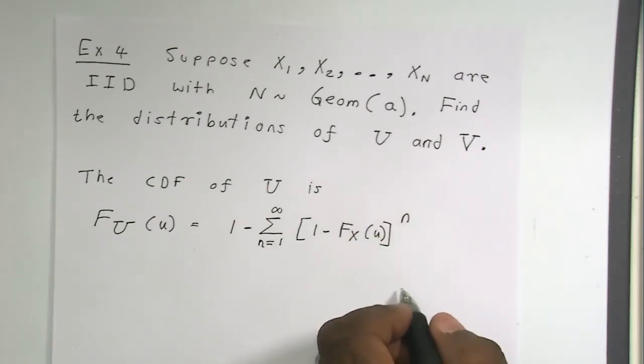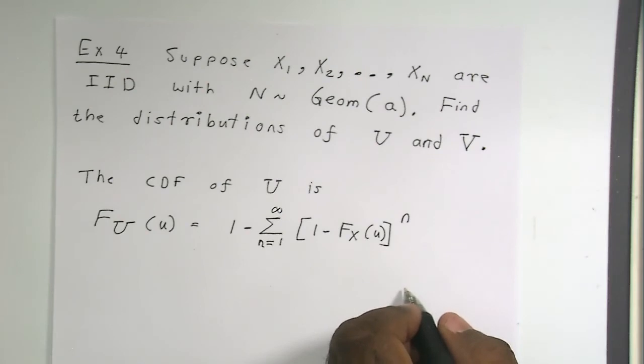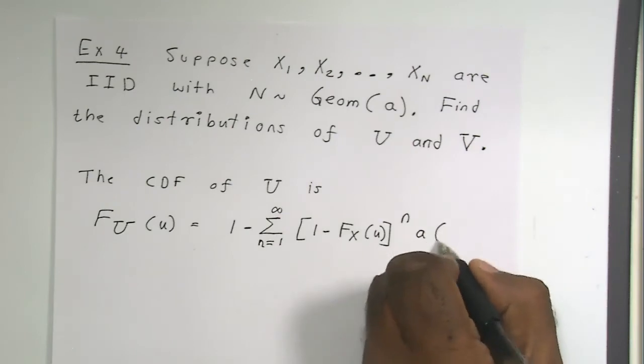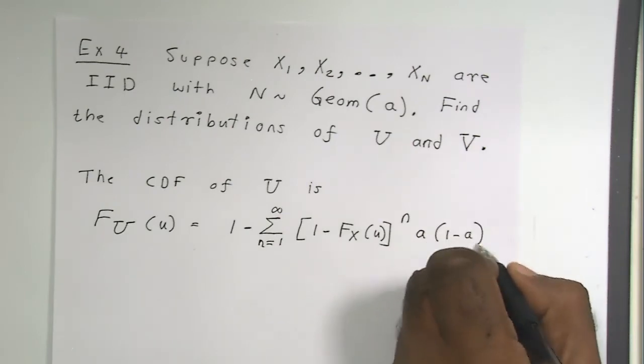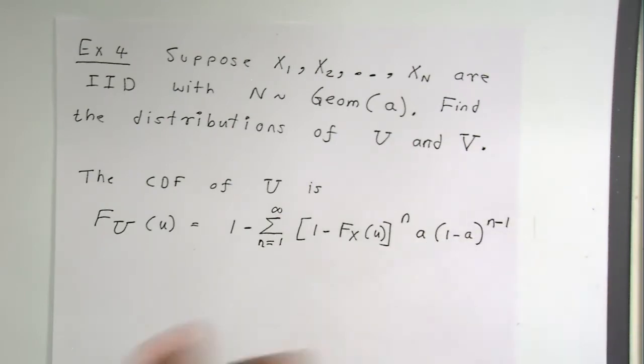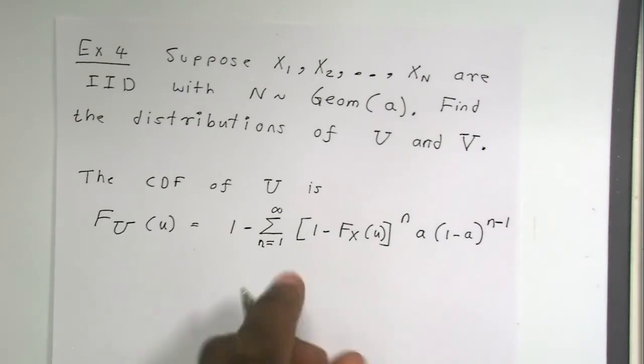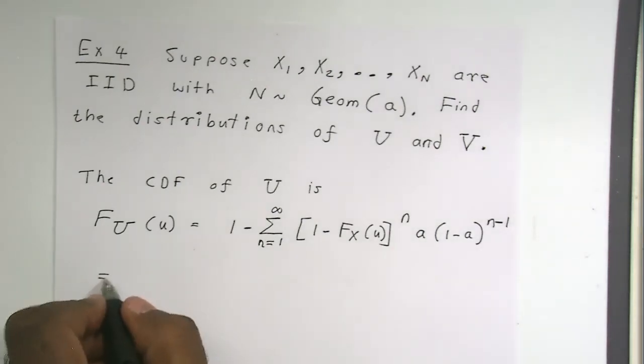The probability that N equals n is a times (1 minus a) to the power n minus 1. This is the density function of the geometric distribution, and I'm using this formula here.